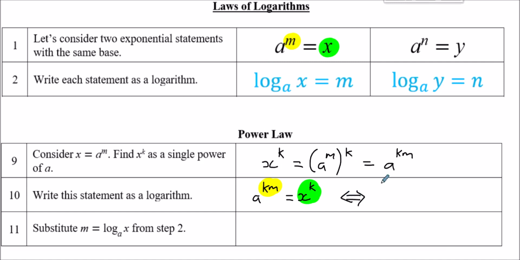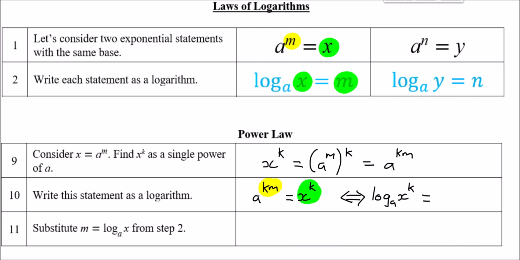And so log base a, now we put down the green expression first, so we're going to put down x to the power k. And now we're going to put in the yellow thing.